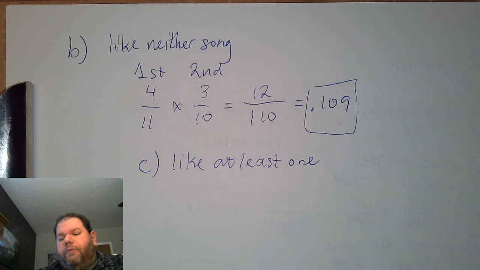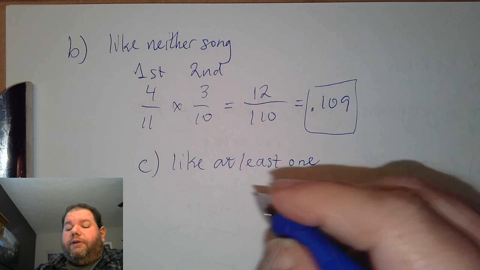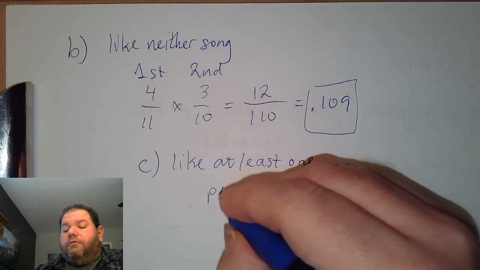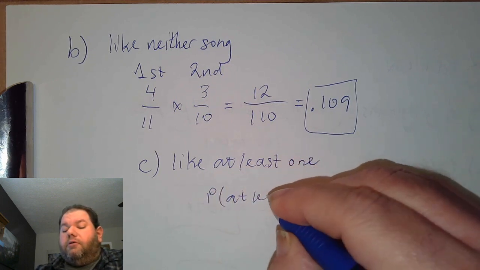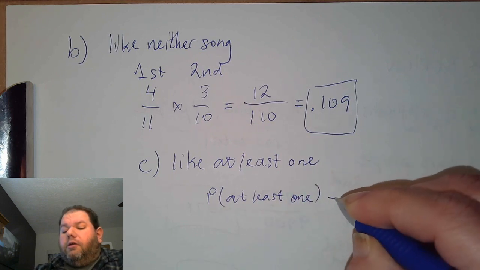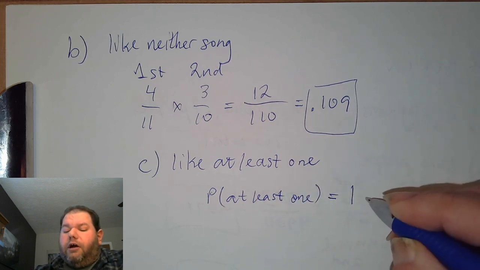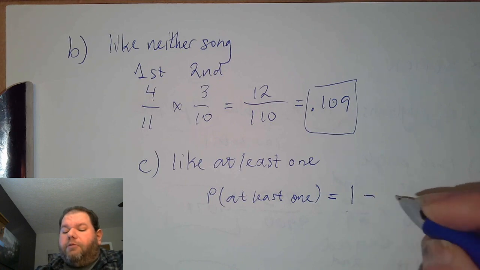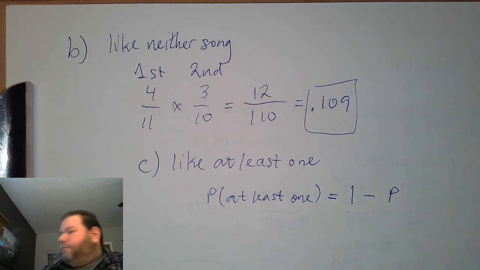Now, the easier way, or the way that I would prefer for you to do this problem, is to use the complementary probability. The way it works is if we want the probability of at least one, then we'd take 1 minus the probability of its complement.